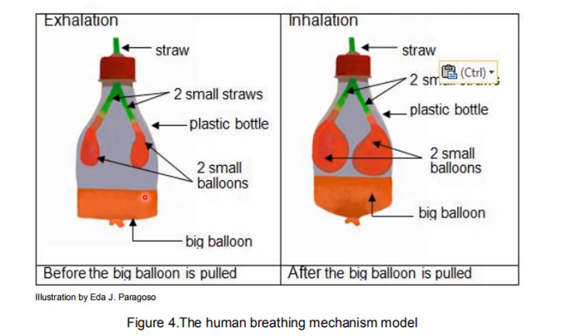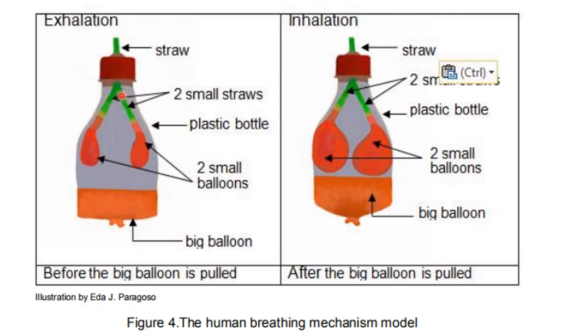The balloon below represents your diaphragm. The two balloons inside represent your, very good, your lungs. And the two main tubes represent your, that is right, your bronchi. And the main tube above is representing your trachea. Very good. This is a model of the respiratory system, where it illustrates the human breathing mechanism.